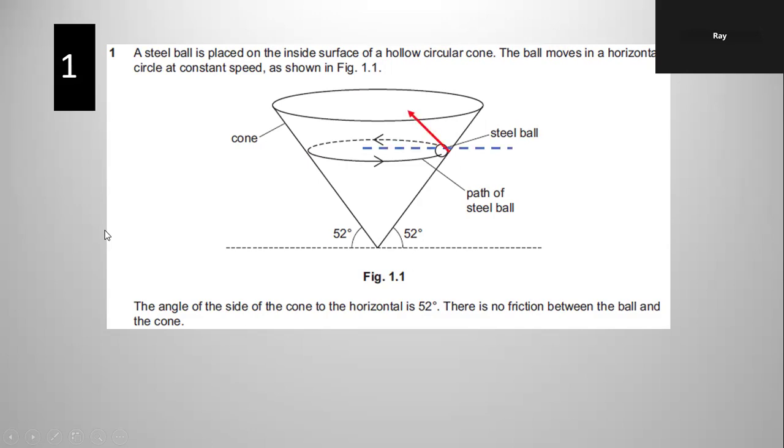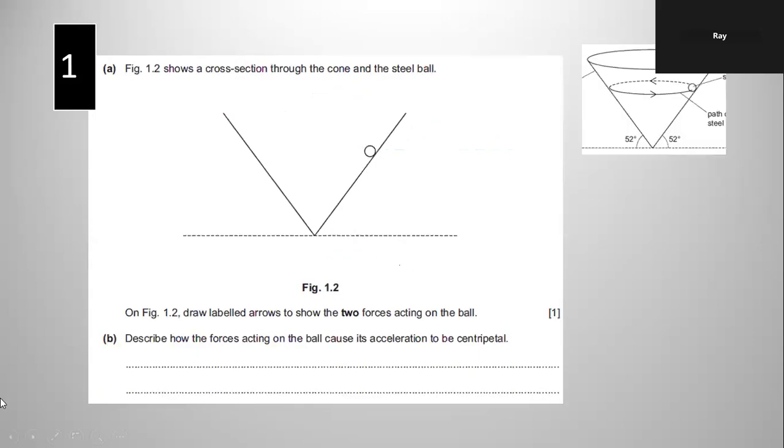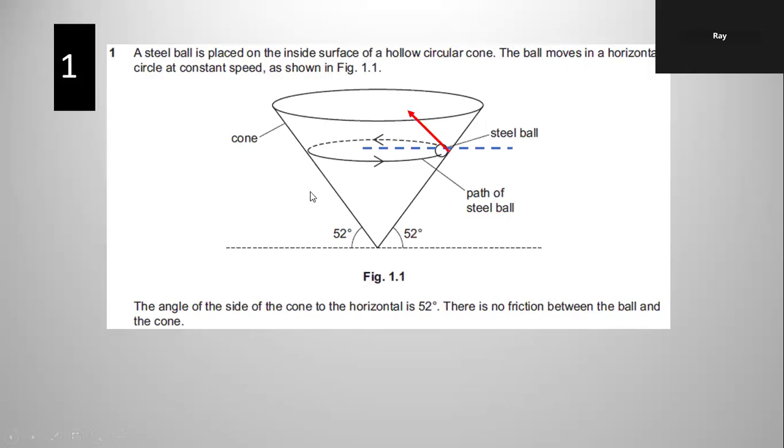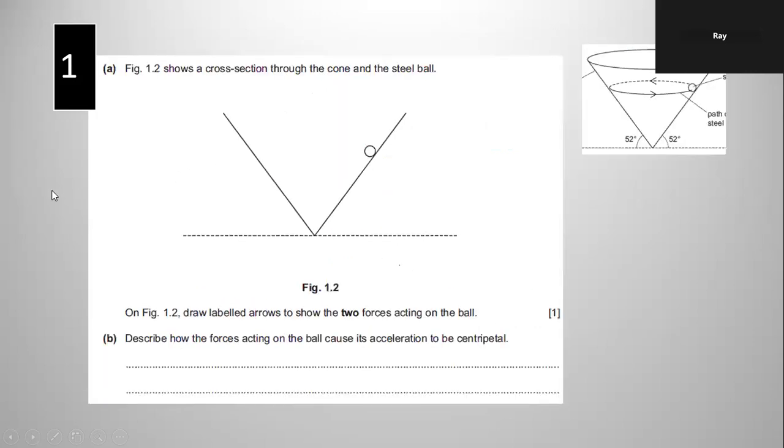So that is your normal reaction. If we take this as parallel to the horizontal line, then this is also 52, alternate angle. Figure 1.2 shows a cross section through the cone and the steel ball.